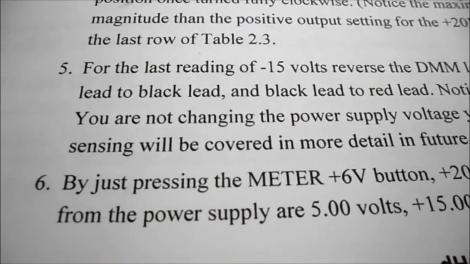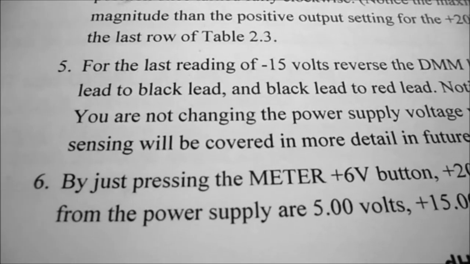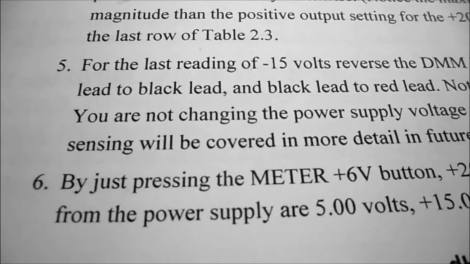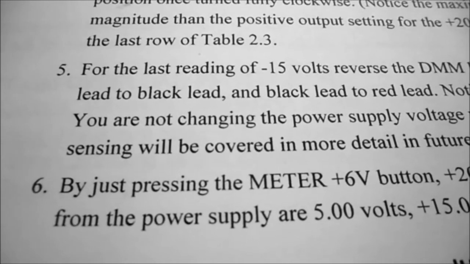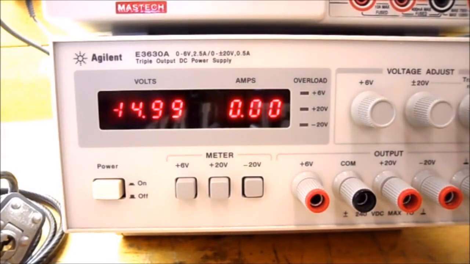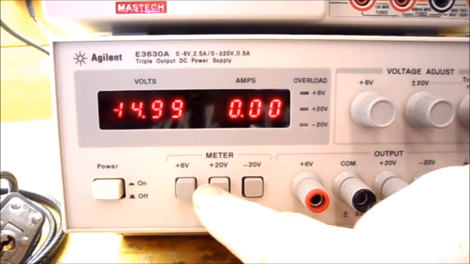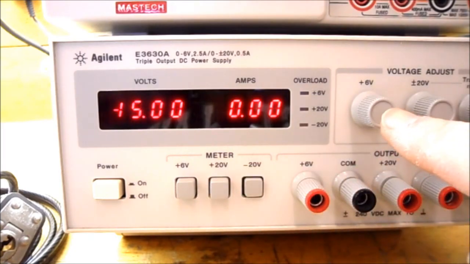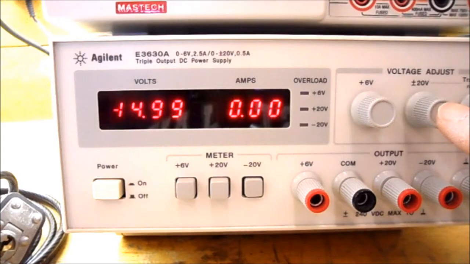So in step 6 of the procedure, we're just going to be checking our meter to make sure that we haven't moved any of our voltage adjustment knobs. They want us to check the meter on the power supply to make sure that we haven't inadvertently changed any of these voltage adjustment knobs.